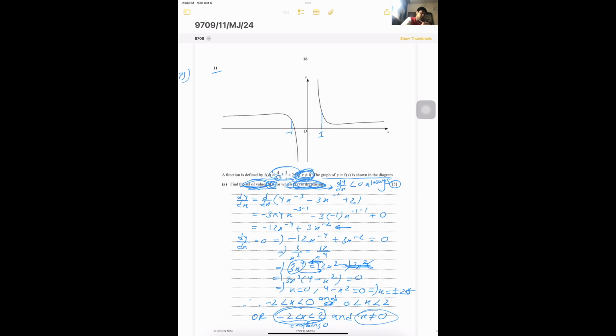First we will draw a tangent at this particular point like this, right? Sorry. So a tangent as such.